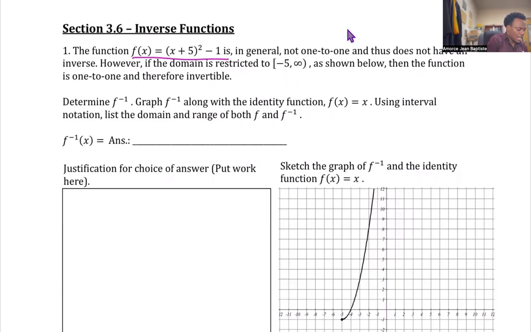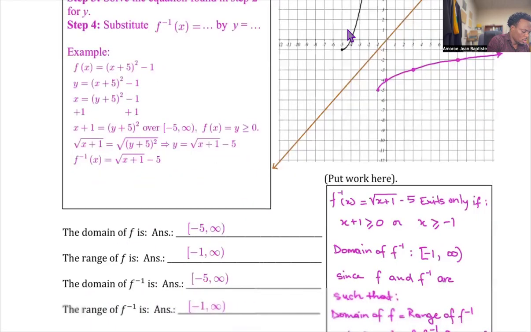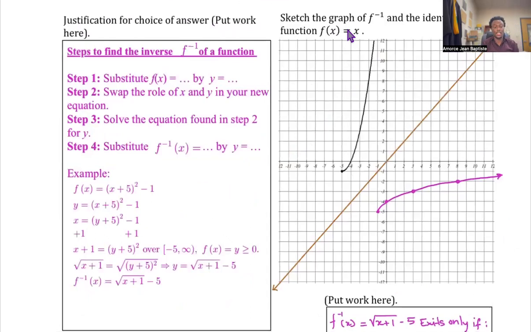Now, let's look at the steps to find the inverse. Step one, we substitute the f of x equals, or g of x equals, or any letter of x equals, by y equals. You want to write it as y equals whatever the expression was. The next step is to swap the x and the y.